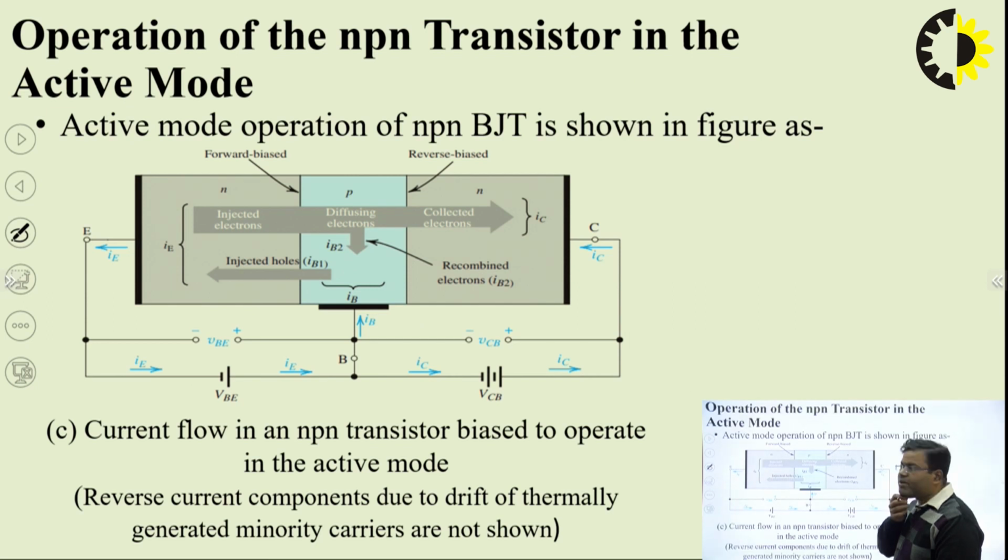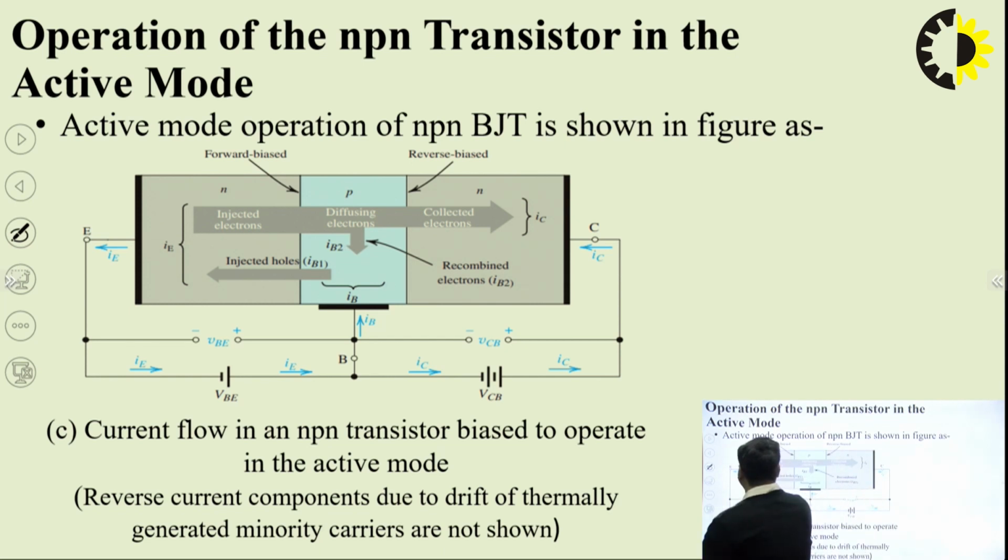Now come to the basic operation of BJT. In the diagram we have taken BJT in active mode. In active mode, the emitter base junction, this is the emitter and this is the base, is forward biased by connecting the positive terminal to the base and the negative terminal to the emitter.